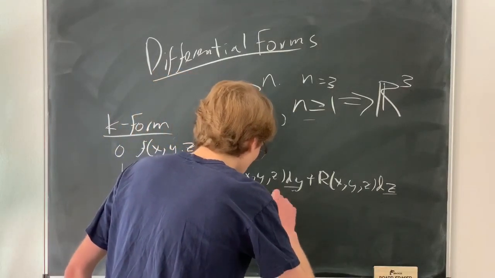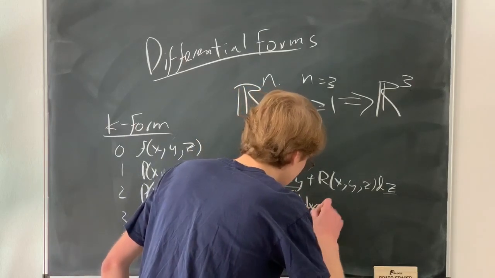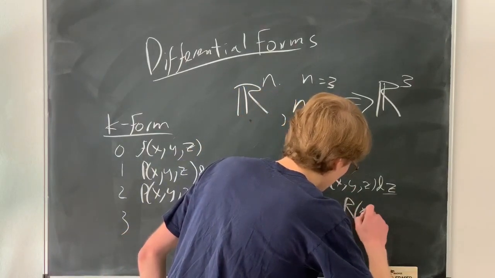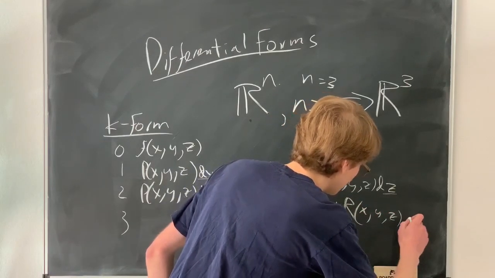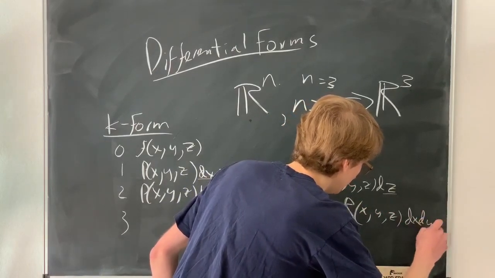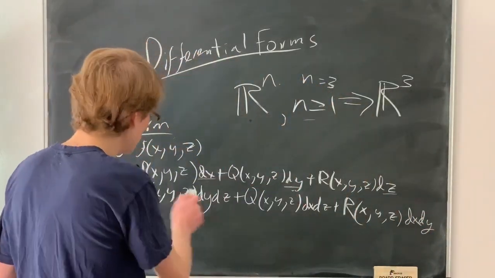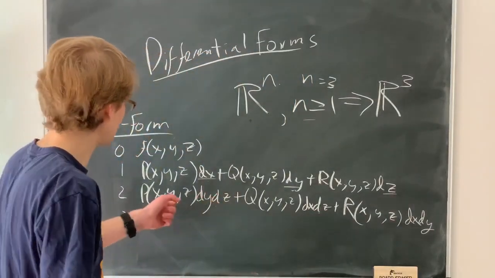And then for q, we multiply by dx, dz. And then finally for our r, we multiply by dx, dy. Again, 2 because there are 2 differentials attached to each function.